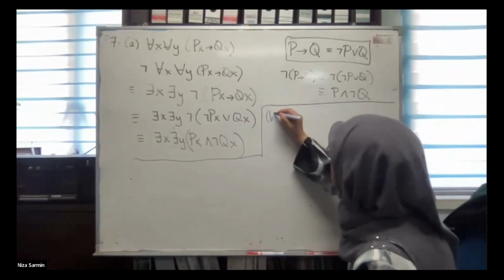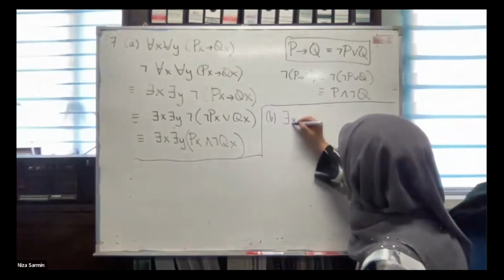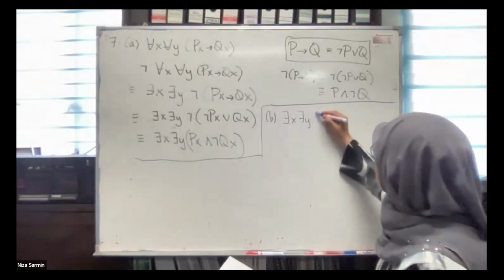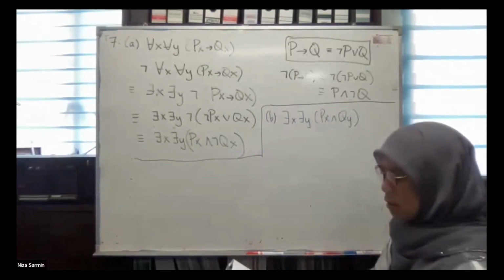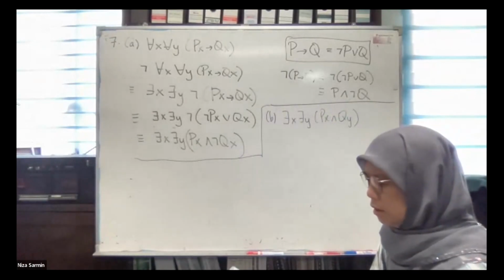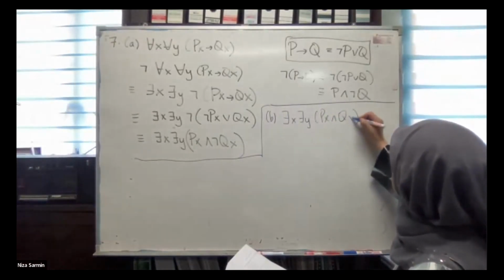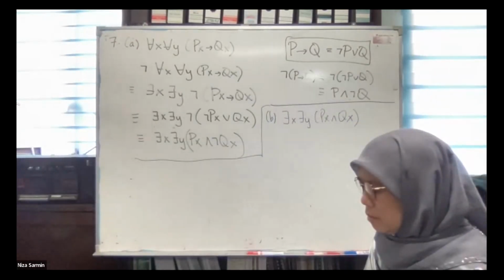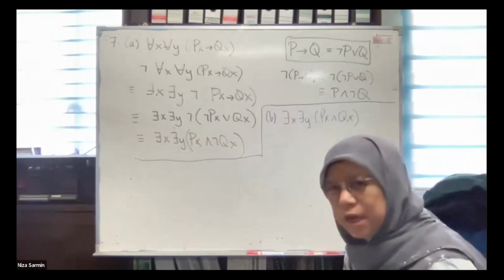Let me write B here. The X is X, the X is Y, Px and A, Px and Qx. So it's supposed to be XY.